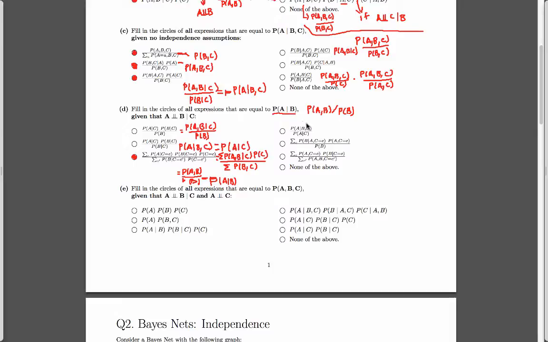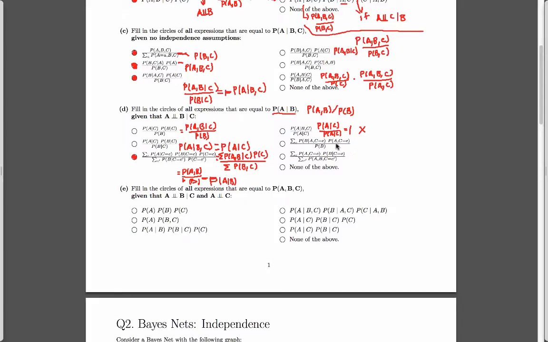All right, so here in this fourth option, we have on the top, because A and B are independent given C, the probability of A given C on top, and we also have probability of A given C on the bottom, so this is equal to 1. So that's not equal to probability of A given B in all cases.